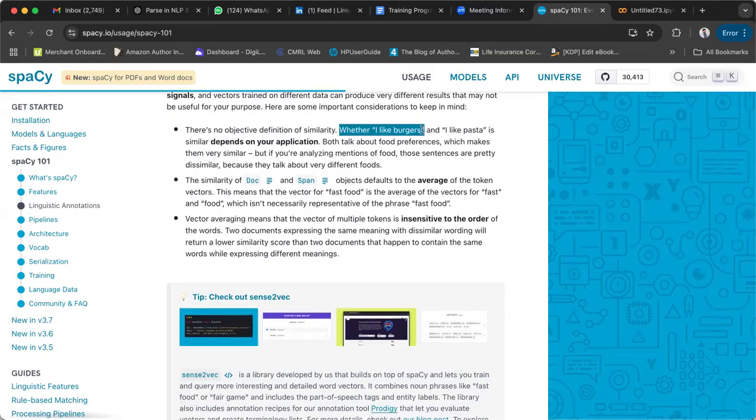Whether "I like burgers" and "I like pasta" are similar depends on your application. Both talk about food preferences, which makes them very similar. But if you are analyzing mentions of food, those sentences are pretty dissimilar because they talk about two very different kinds of food.